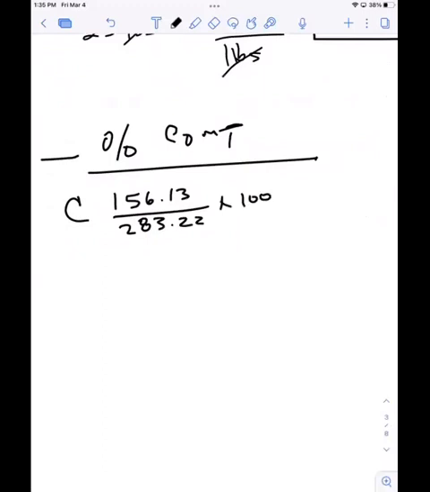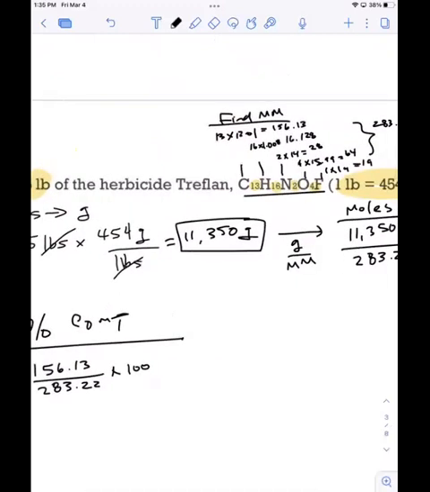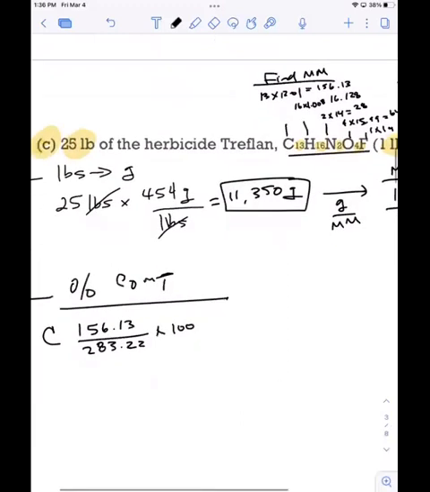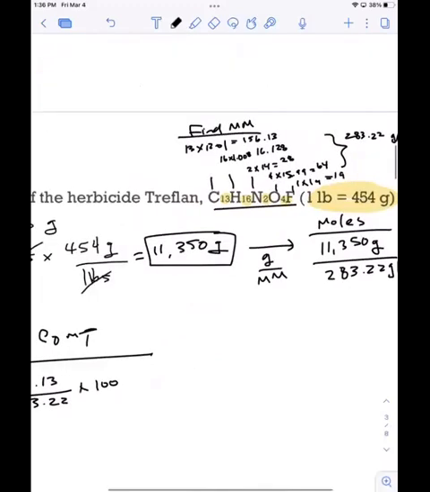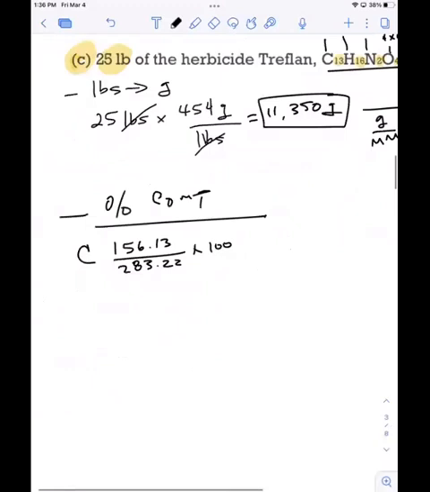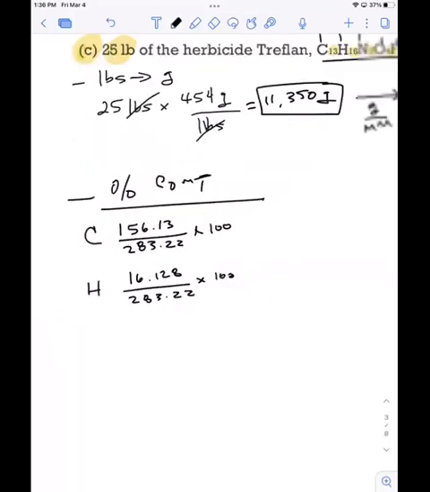We've already calculated the individual masses when we were doing the molar mass, so all we got to do now is use those same numbers. For hydrogen, it will be 16.128 divided by 283.22 times 100. That's why it's important to do the molar mass manually and not just Google it, because now all you got to do is plug those numbers in to figure out the percentages.